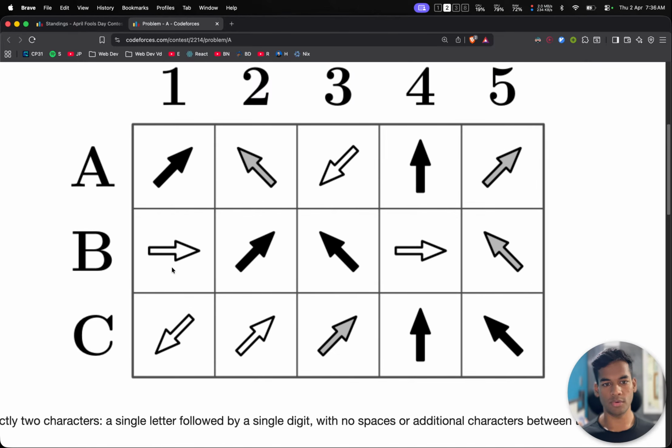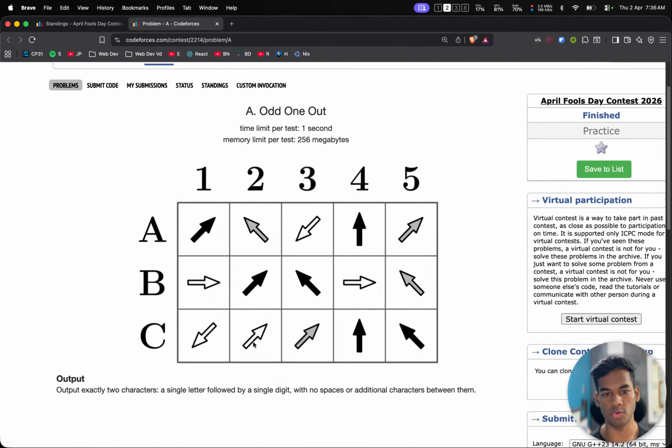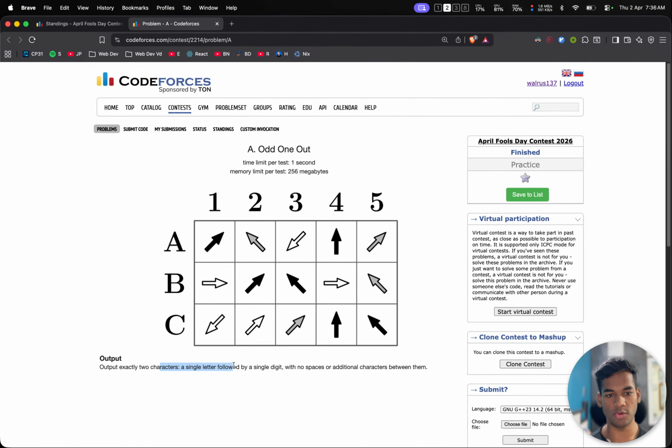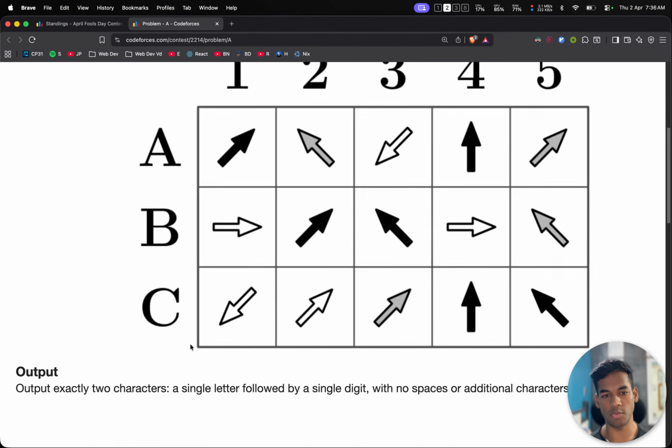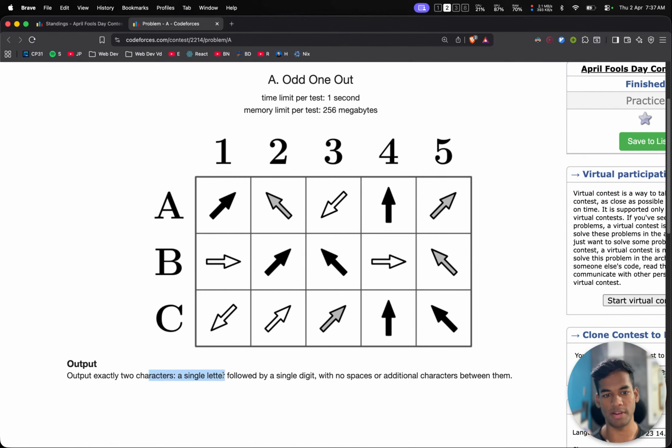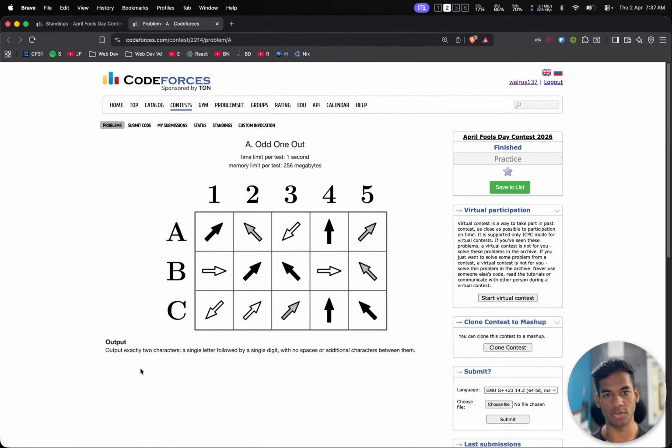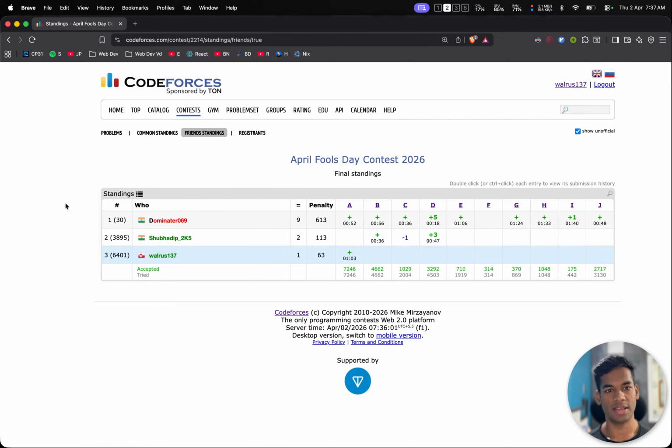Every other arrow has another arrow in some other cell which is also pointing in the same direction with the same color. So except this one, the arrow in C2, and the answer was actually C2, but C had to be capital, like capital C and 2. That was the correct answer. Shit. And I kept messing it up.